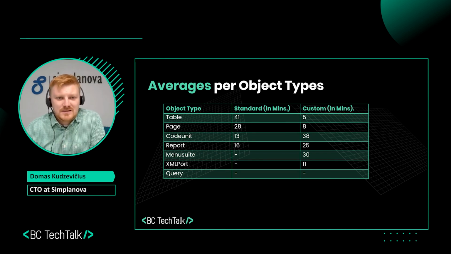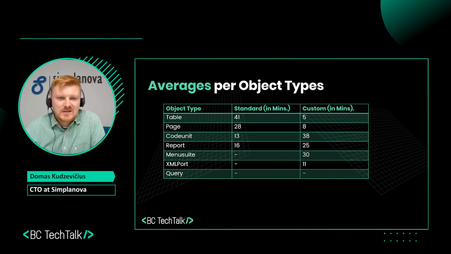We understand that some of the tables, like sales header, will require much more time than 40 minutes in this example, but the payment terms table will require less, but I have accumulated all the data, and these are the averages of all our estimates, all our evaluations, and all object types. So, table: the standard table goes for 41 minutes, and if you have a custom one, you should multiply by 5 minutes.